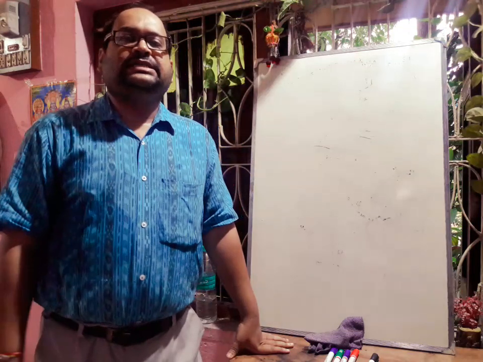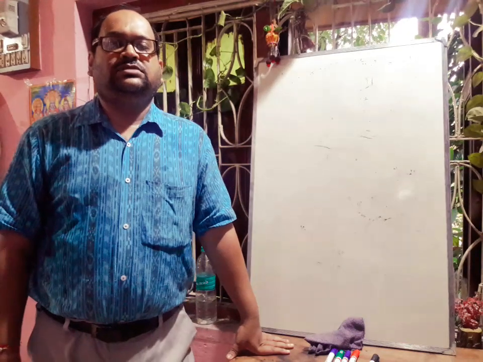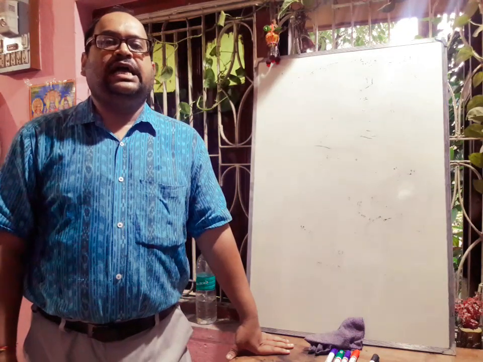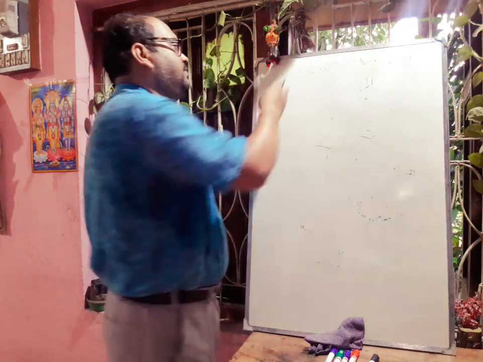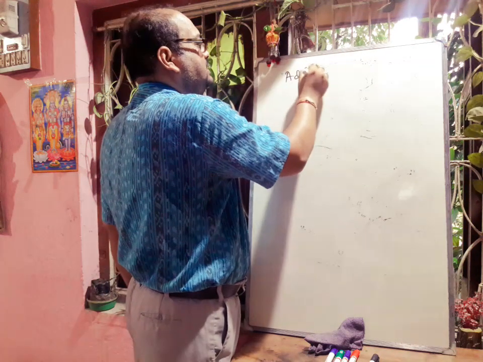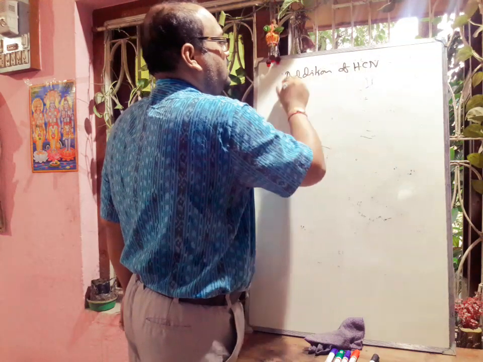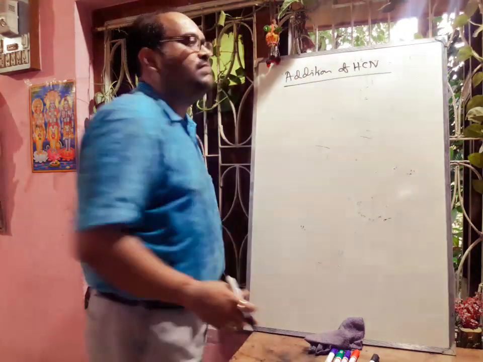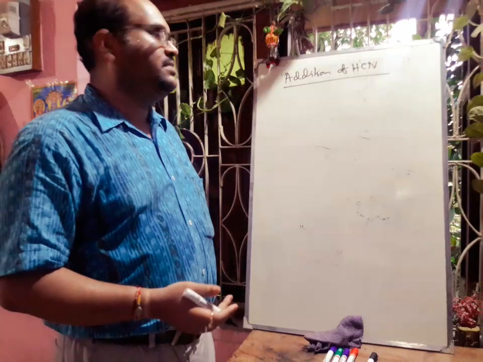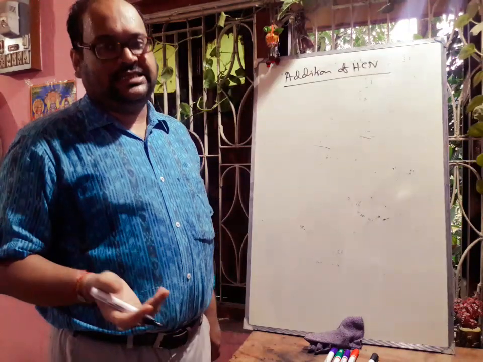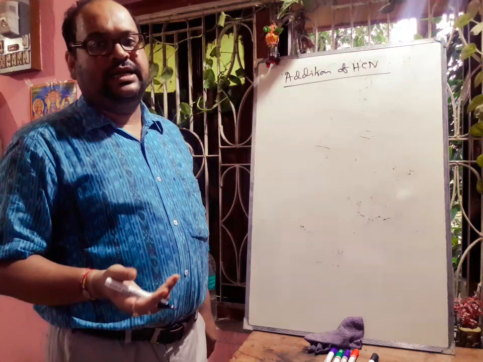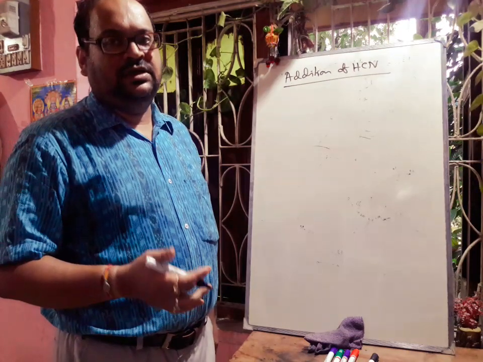So next we will discuss the reactions of aldehydes and ketones. First we will discuss the addition of HCN. HCN is generally prepared in situ in the reaction mixture, by adding sodium cyanide and acid. We can take NaCN plus H2SO4.